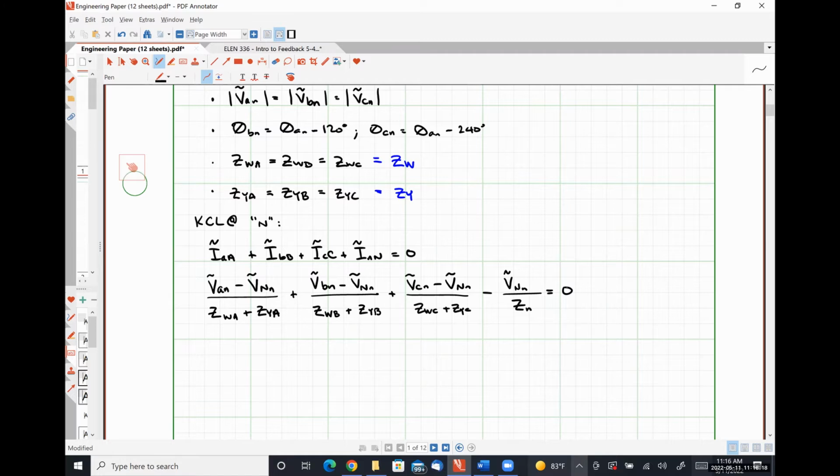So if our network is balanced, that means ZWA, ZWB, and ZWC are the same quantity. ZYA, ZYB, and ZYC also all represent the same quantity.